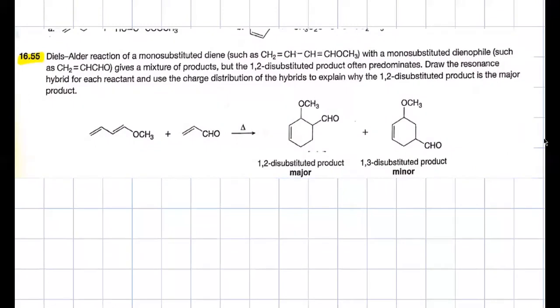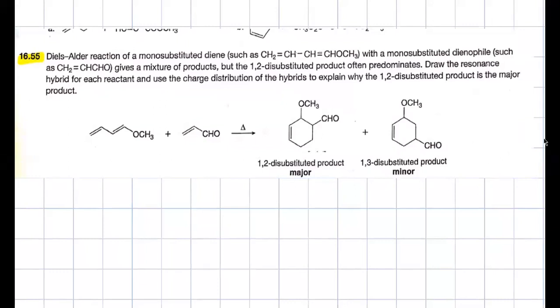Gives a mixture of products, but the 1,2 di-substituted product often predominates. Okay. Draw the resonance hybrid for each reactant and use the charge distribution of the hybrid to explain why the 1,2 di-substituted product is the major product.